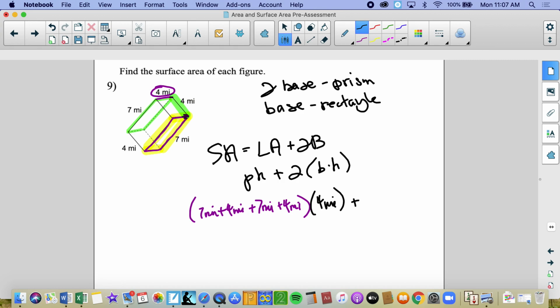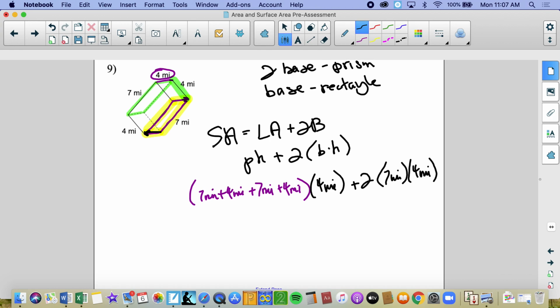And then it's 2 times the base of the rectangle. So now we have to look at this rectangle alone, just this purple line. So the base is going to be 7 miles, and I'm going to multiply that by the height. This is the height of that rectangle, which is 4 miles.